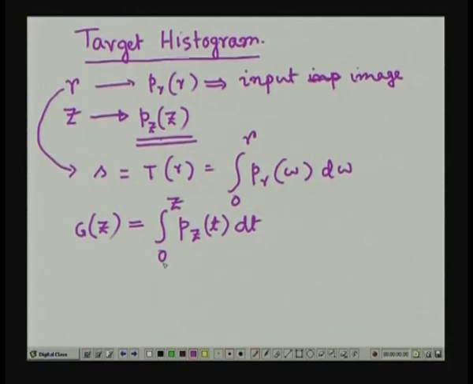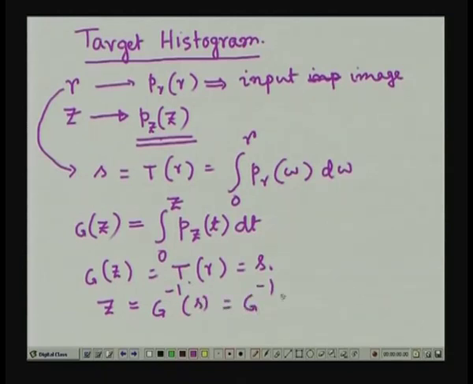And then from these two equations, we have G(z) = T(r) = s. And this gives z = G inverse(s), which is equal to G inverse(T(r)).